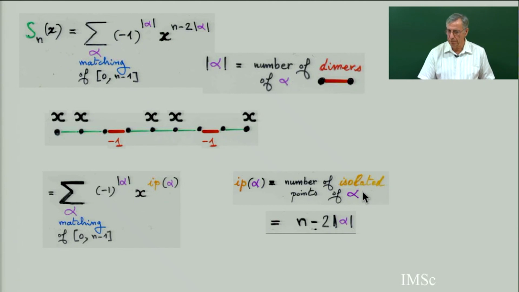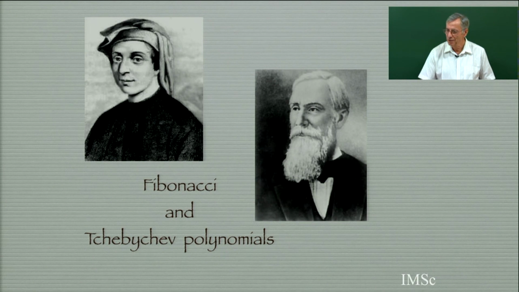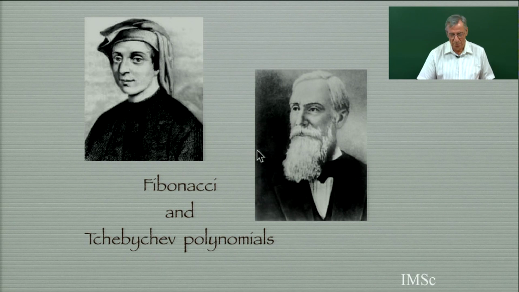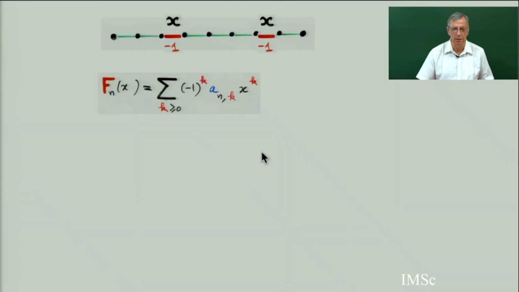These Chebyshev polynomials are strongly related to Fibonacci, who is much earlier, in the 12th century. So what is the relation between Chebyshev and Fibonacci? There is a so-called Fibonacci polynomial. Fibonacci polynomials are defined by F_n of x.